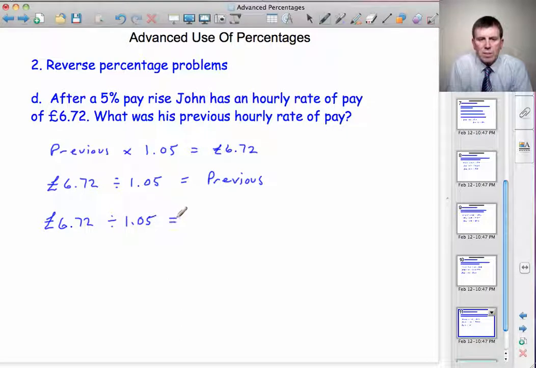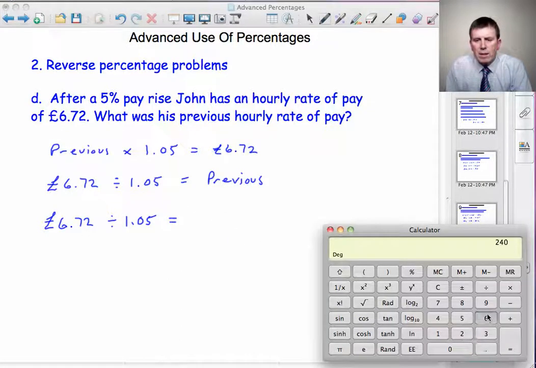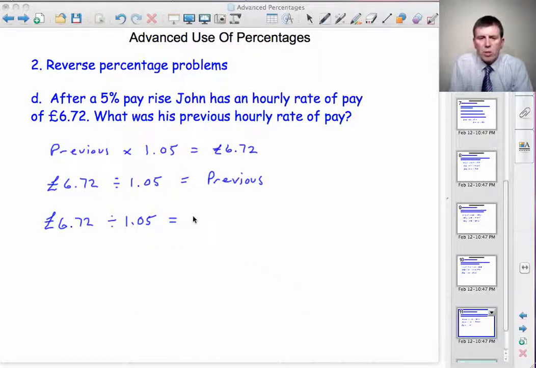Let's see what that comes to. 6.72 divided by 1.05 is equal to 6.4, which in money would be £6.40.